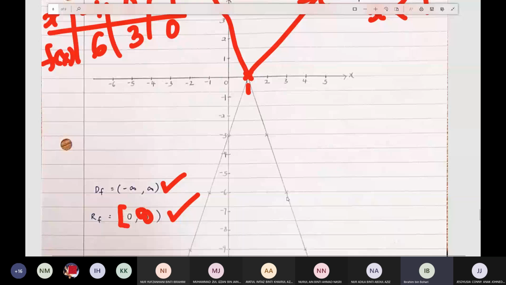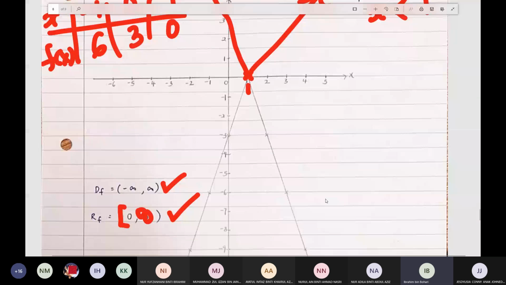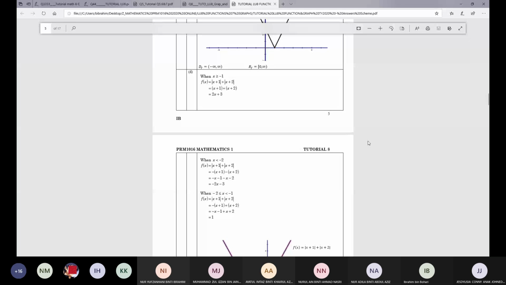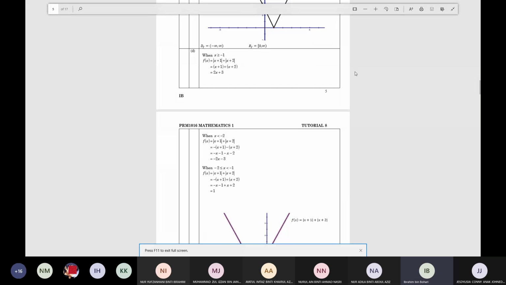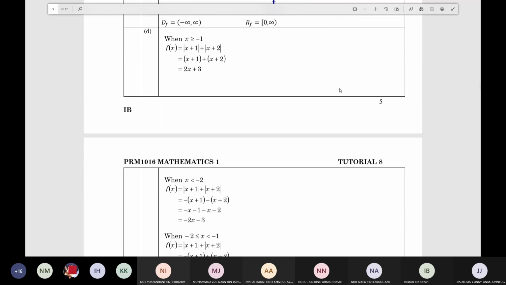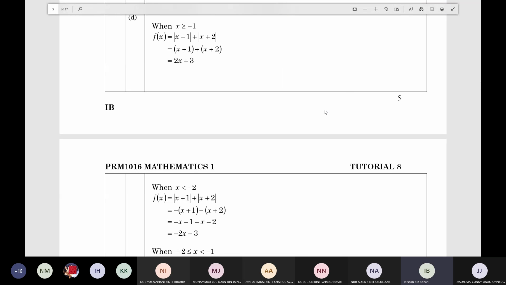Okay, settle. Question C. And question D. Question D saya ambil saya punya solution. Okay, question D. Modulus x plus 1 plus modulus x plus 2.